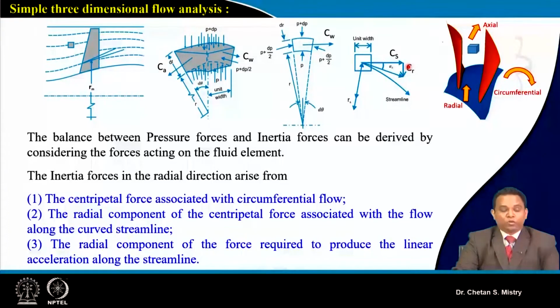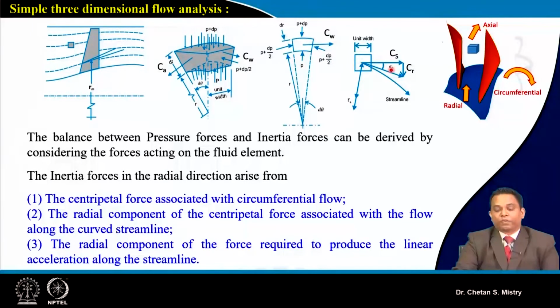Before going into the detail, we will see that my pressure force and inertia force on this element need to be balanced, and this inertia force in the radial direction arises because of the centripetal action associated with the circumferential flow. So this represents what is happening in terms of my centripetal action: the radial component of centripetal force associated with the flow along the curved streamline.